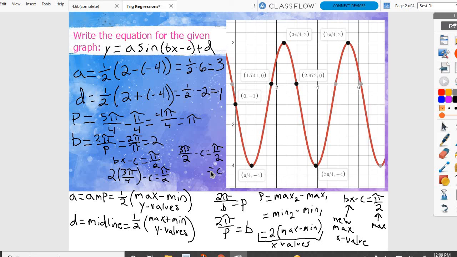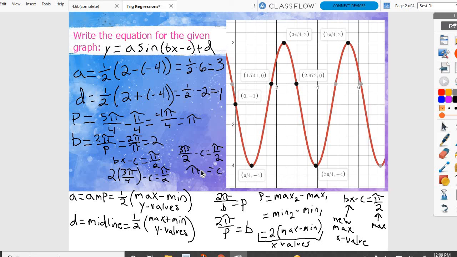So what is 3 pi over 2 minus pi over 2? 2 pi over 2, which is also just pi. We're all okay with that. And so that's why we wait to find the c till the very end, because we need the other information in order to be able to find it.